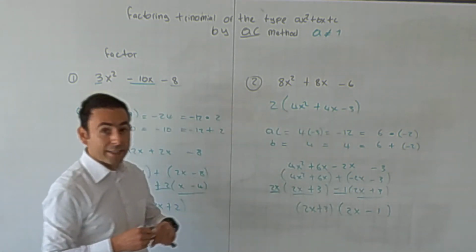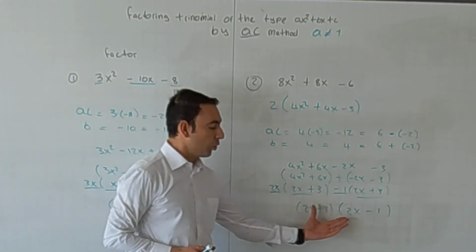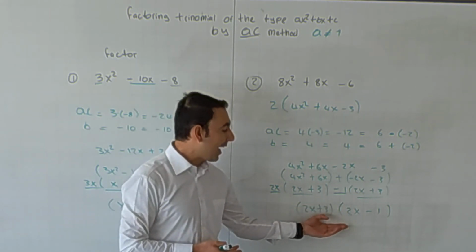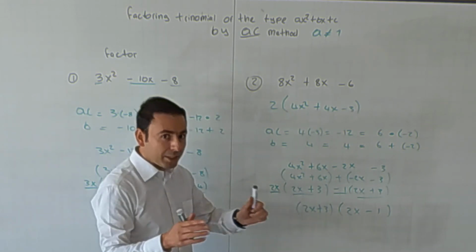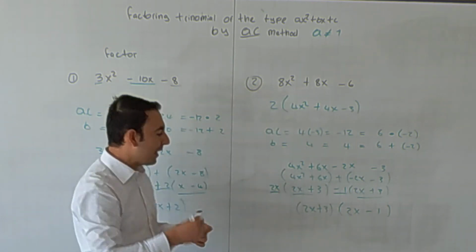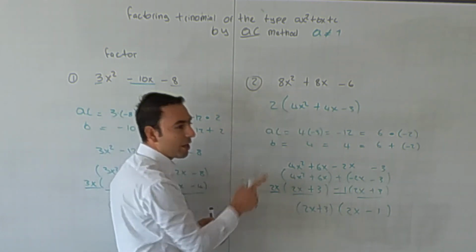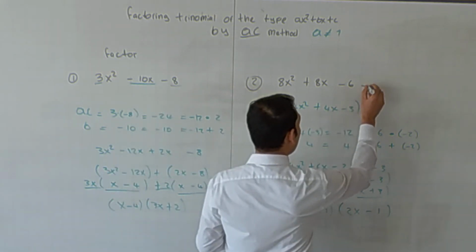Okay, and remember guys, to check if our answer is correct, just use distributive property or FOIL here, and your answer must be the original. But before finishing the exercise, remember that this 2 was factored from the beginning. Then this 2 is part of the final answer. Then what is the final answer? I'm going to copy it here.